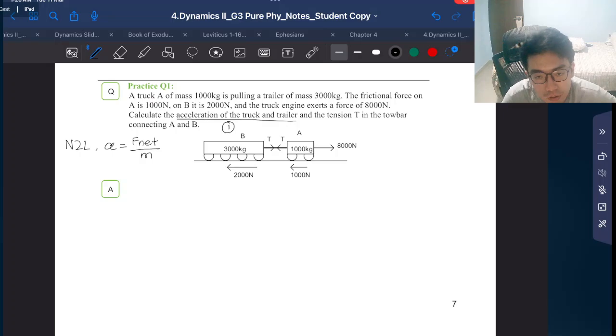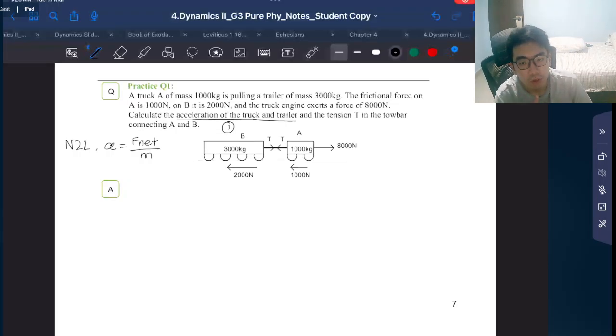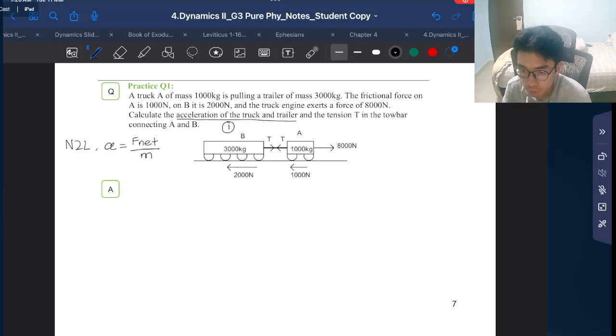We need to ask ourselves: are they asking for one acceleration or two? Put it this way, the acceleration of the truck and the acceleration of the trailer, are they the same? Think about it.